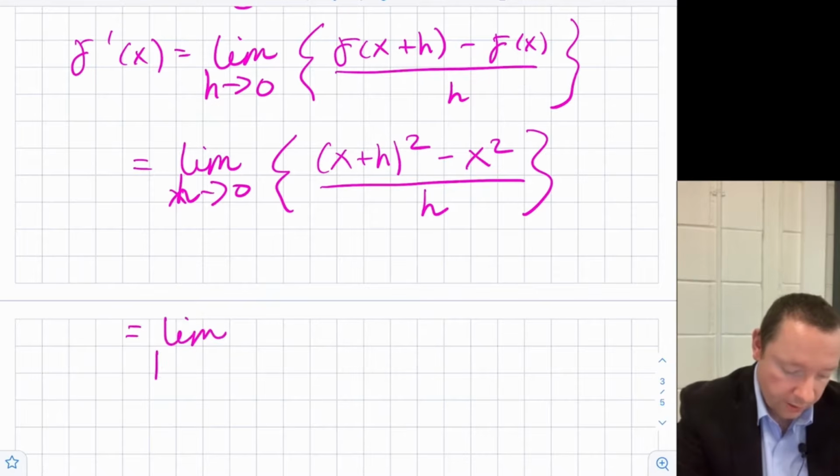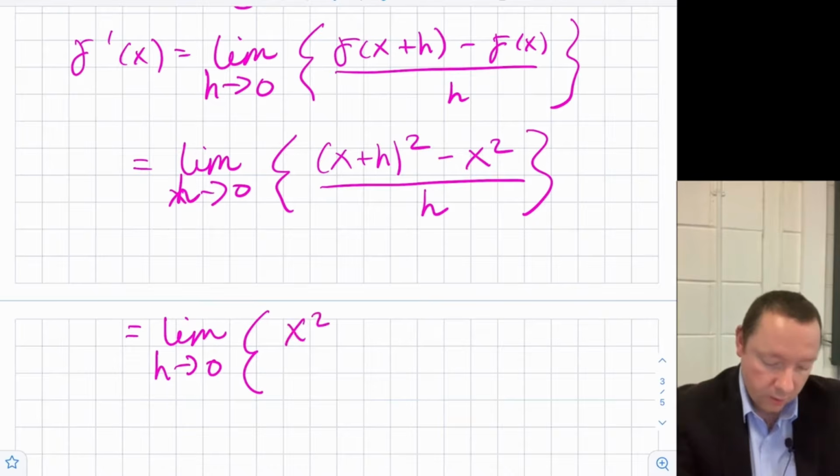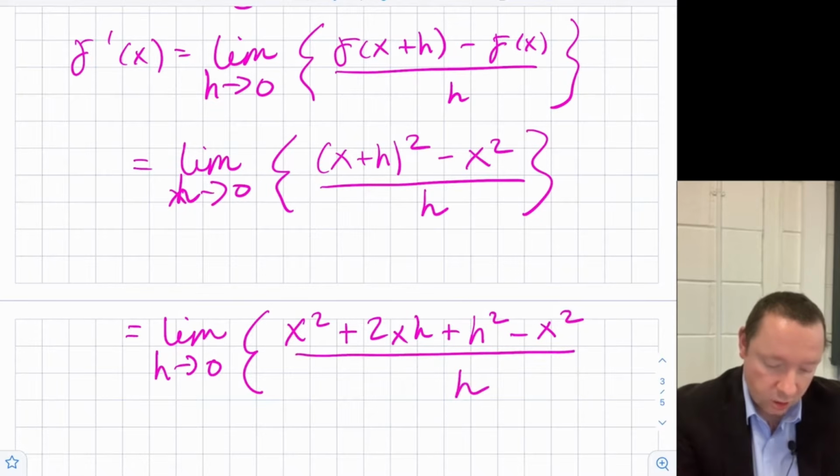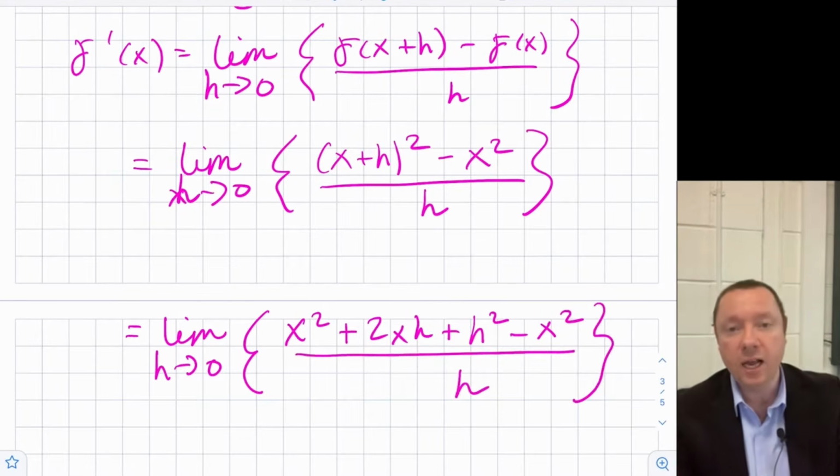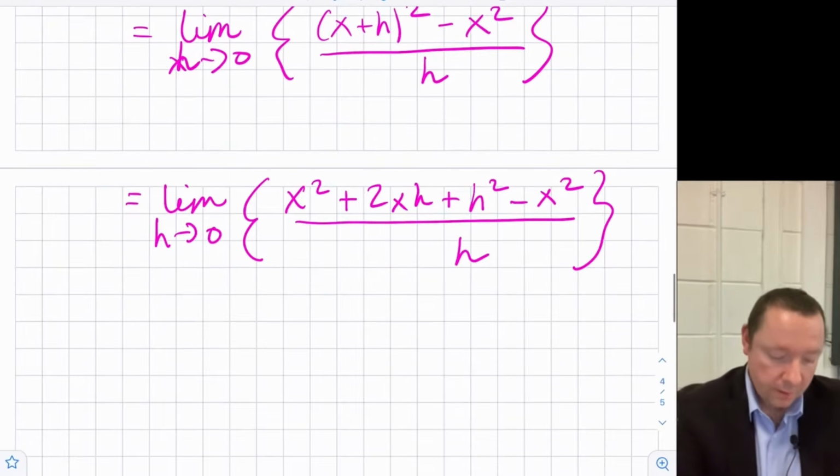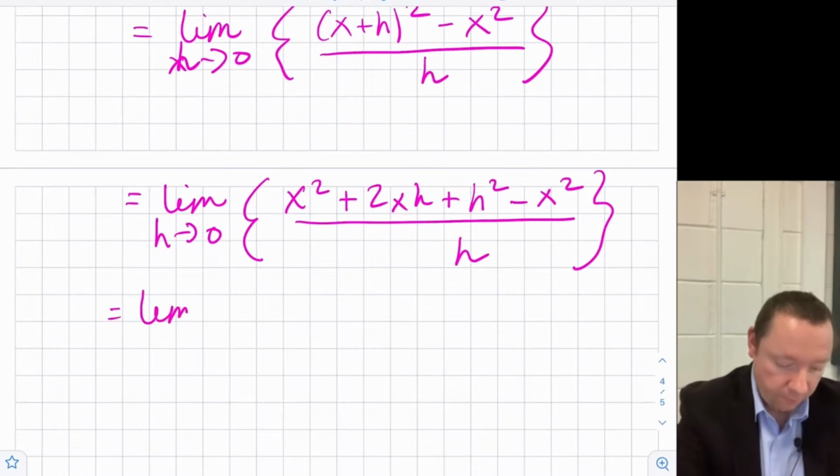So that is the limit as h goes to 0. We can expand the top to get x squared plus 2xh plus h squared minus x squared all over h. And we're trying to really eliminate this fraction because we can't divide by 0. So that is the limit as h goes to 0.